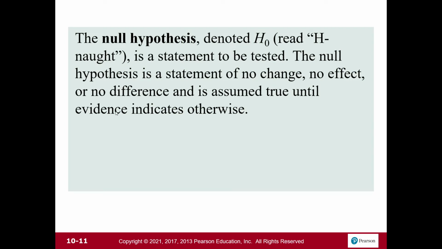The null hypothesis, denoted H sub 0 or H naught or H null, is a statement to be tested. The null hypothesis is a statement of no change or no effect or no difference, and it is assumed true until evidence indicates otherwise.